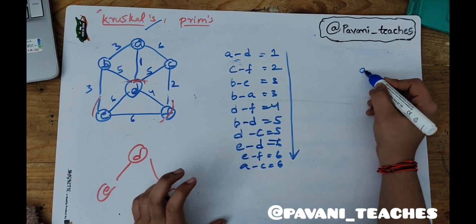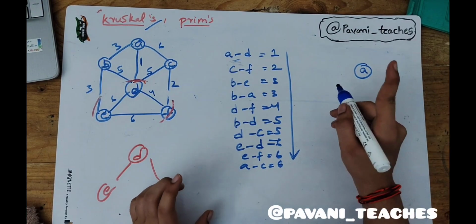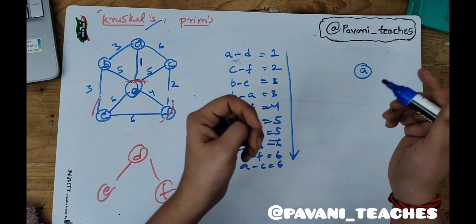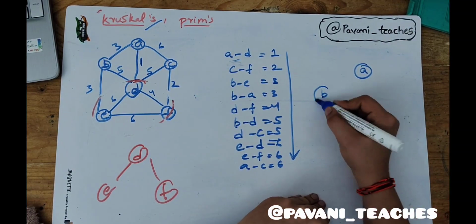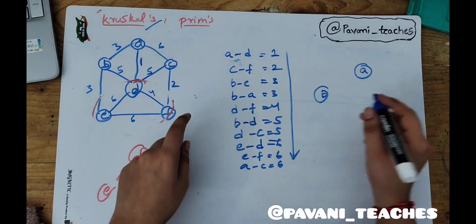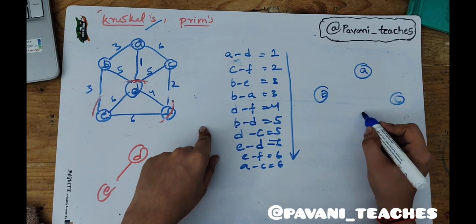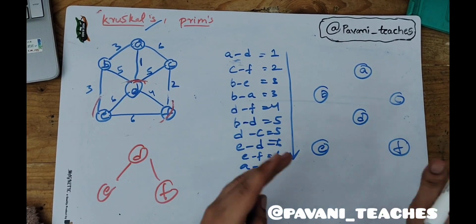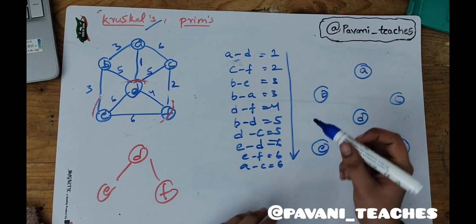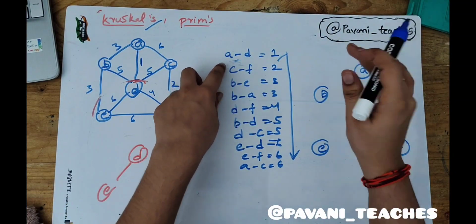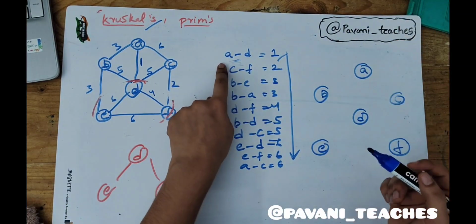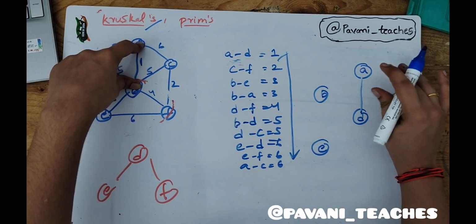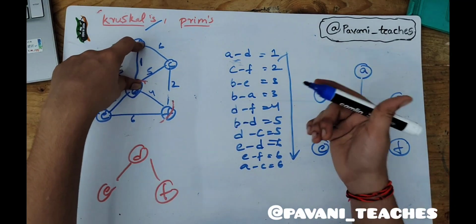While solving this step by step, after this you have to plot all the vertices A, B, C, D, E, F in their places. Then after plotting, you have to start from the smallest weight edge, that is A to D. We have to connect this. This is step 1. You have to draw it separately while you are writing in your examination.